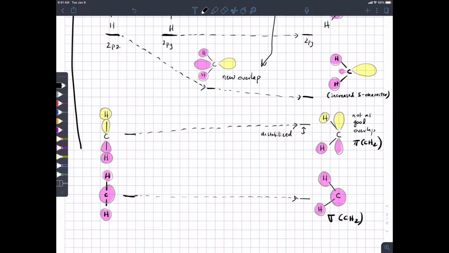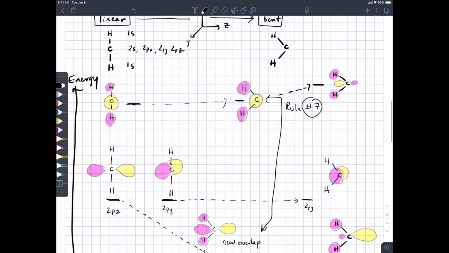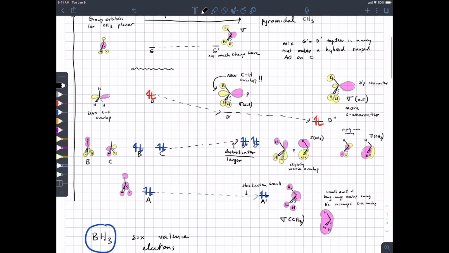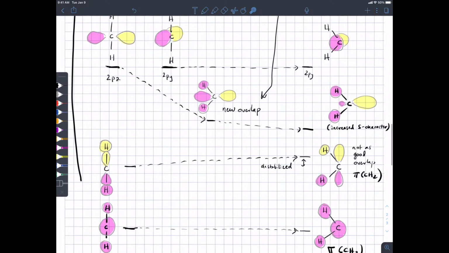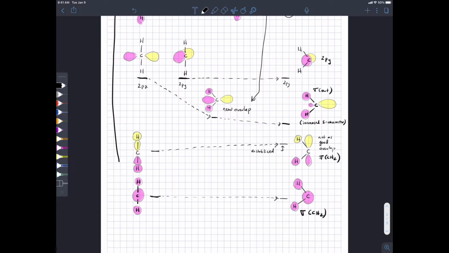Its closest cousin for pyramidal methyl would have been maybe this one, where the p orbital overlaps with a hydrogen here and the 2 hydrogens there. And then we have the sigma out, which we also made up for pyramidal methyl, and then left over is the 2py orbital that's not even changed.